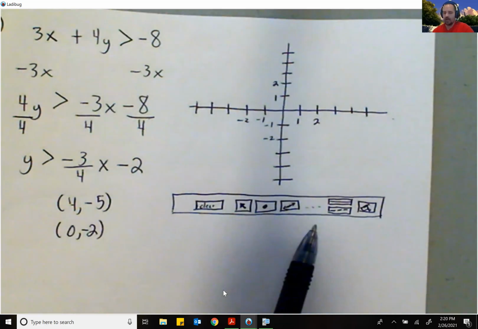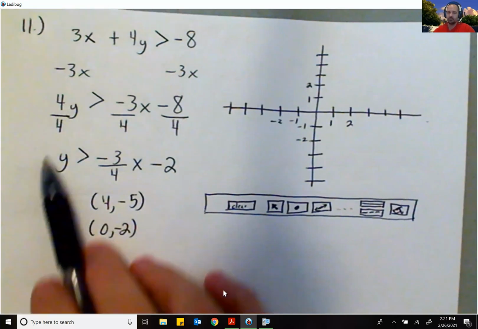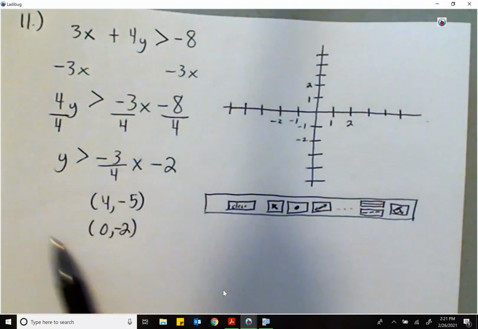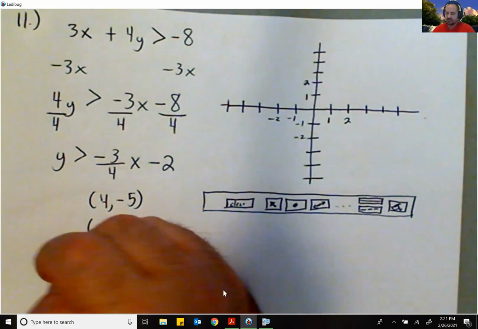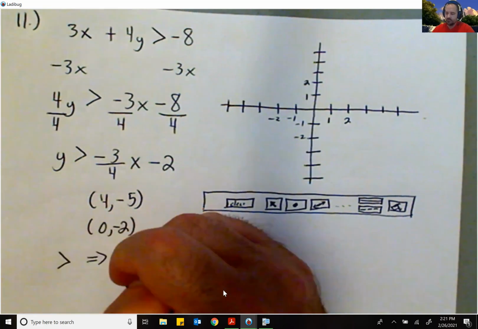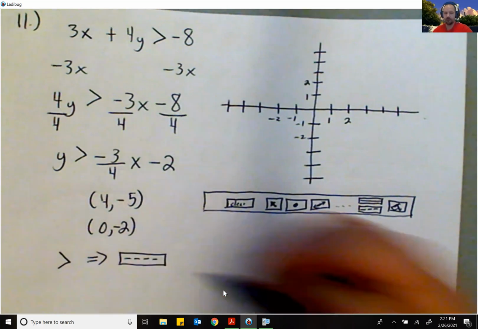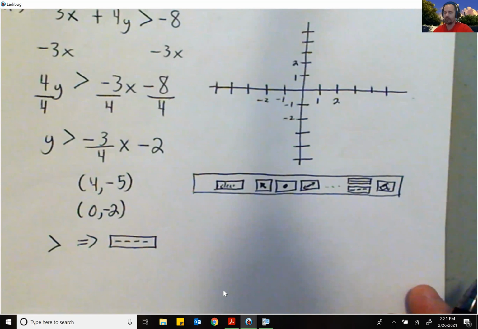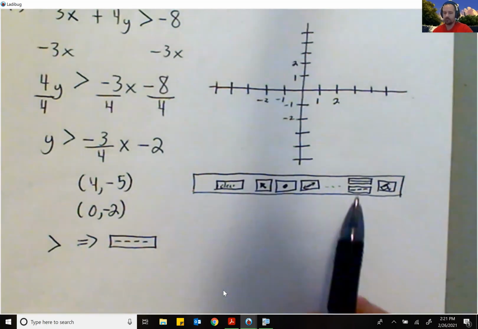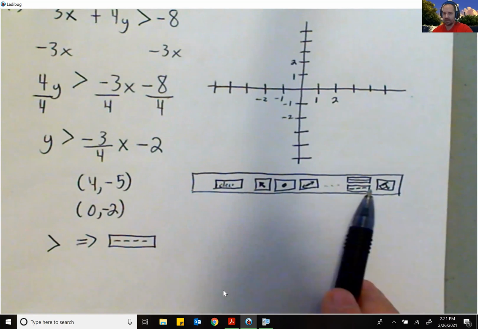Okay. So first things first. Is this line going to be solid or dotted? Dotted. How did you know? Because it's not equal to. There we go. Because of this, you need to choose the dotted line. So I'm going to select the line. I'm going to select the dotted.